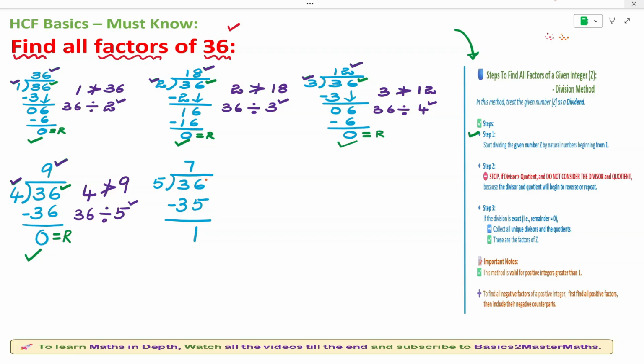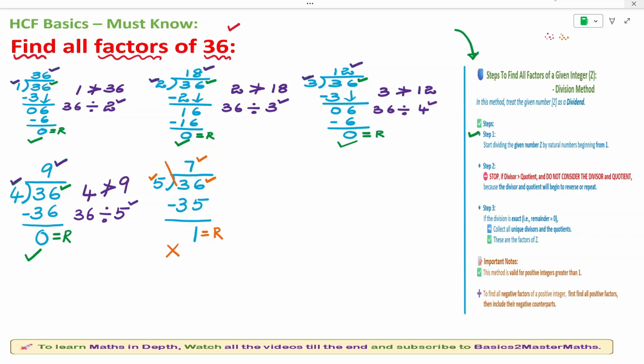When we divide 36 by 5, we get 7 as the quotient and 1 as the remainder. So, this division is not exact.